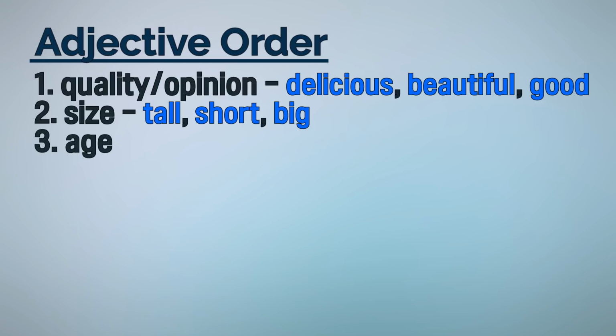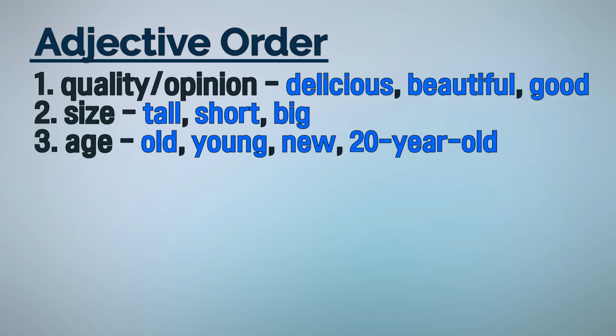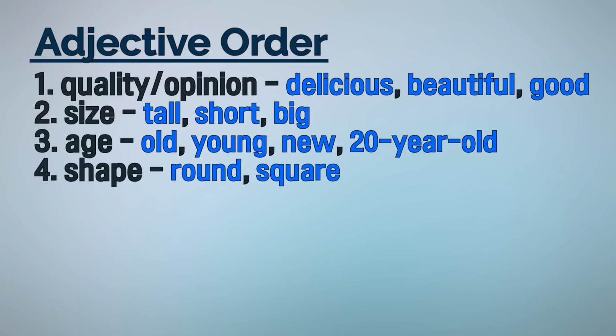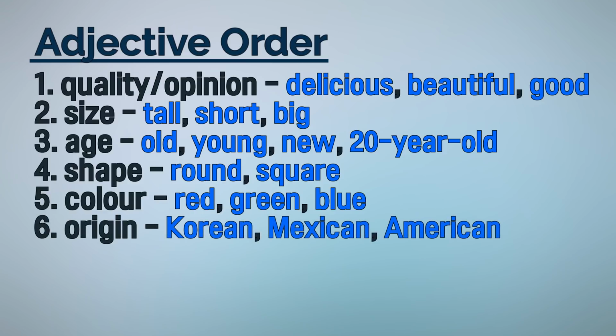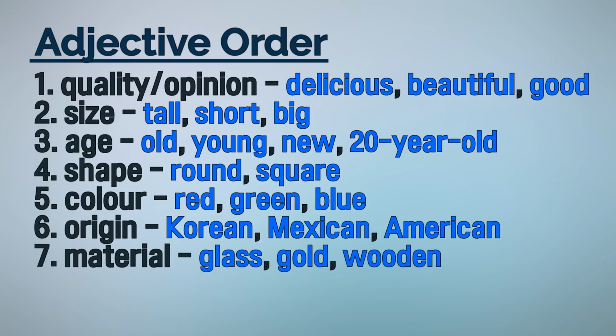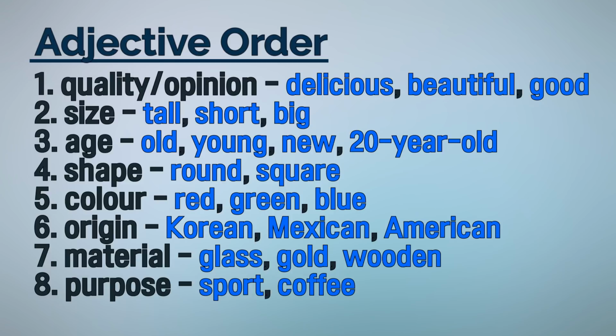Then comes age, like old, young, new, 20-year-old. Then comes shape, adjectives like round or square. Then color, red, green, blue. Origin, like Korean, Mexican, or American. Material, like glass, gold, or wooden. And finally, purpose adjectives like sport or coffee.